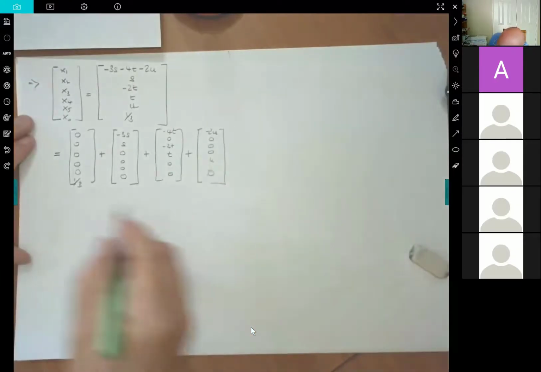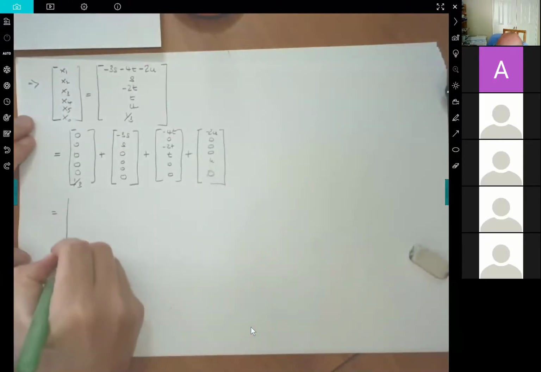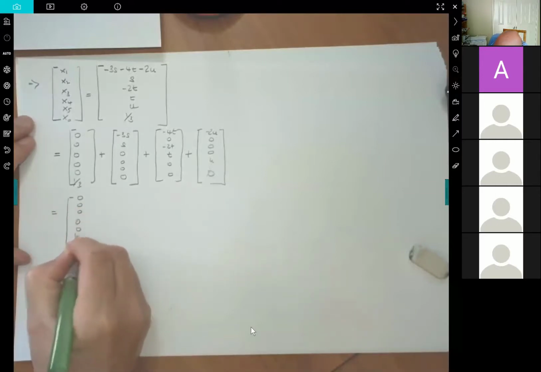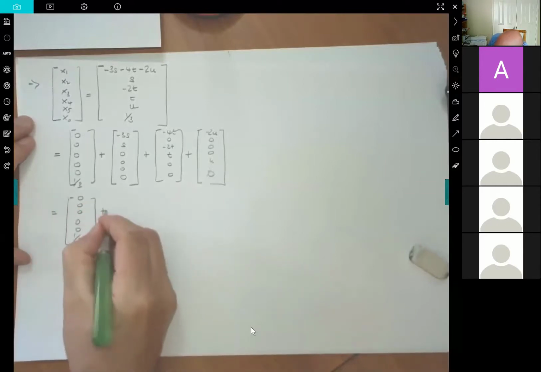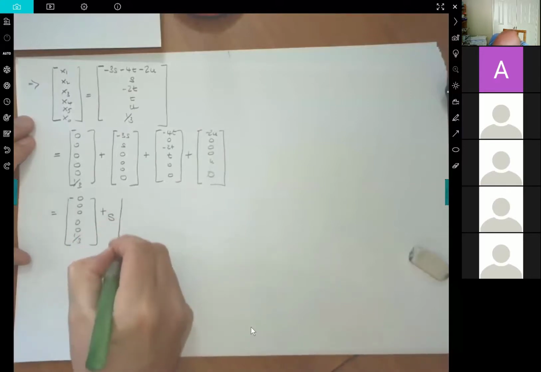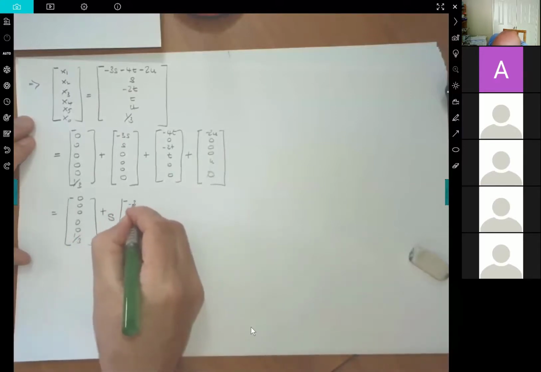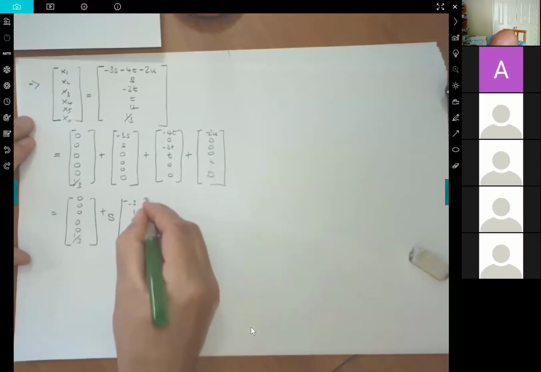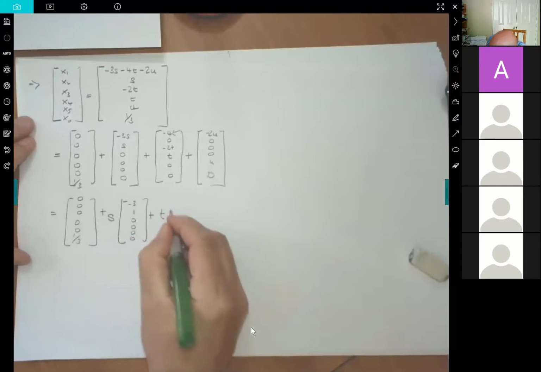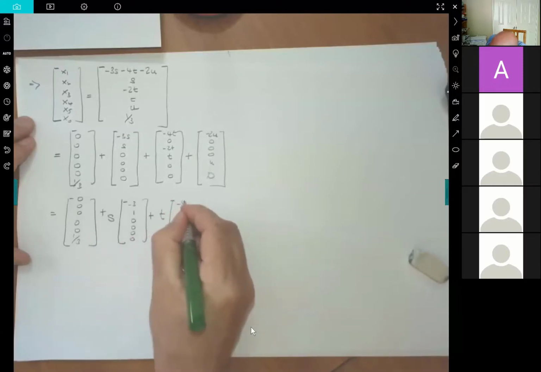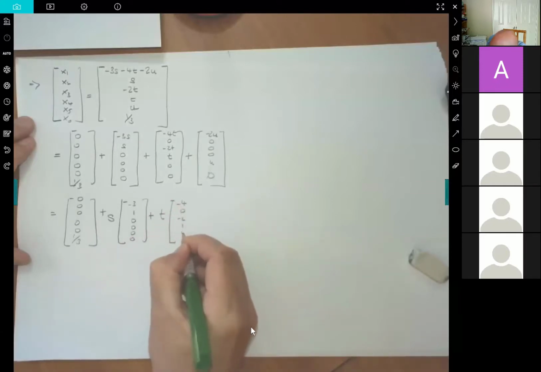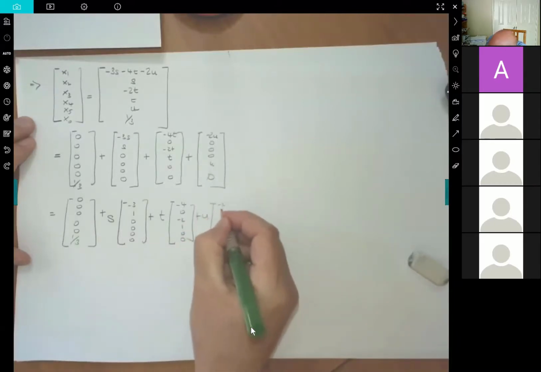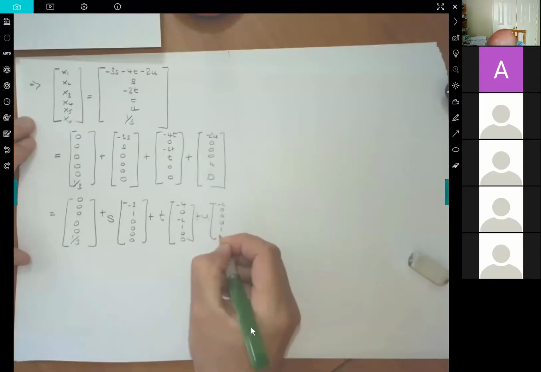Okay, and so now we finally get 0, 0, 0, 0, 0, 1/3 plus s times minus 3, 1, 0, 0, 0, 0 plus t times minus 4, 0, minus 2, 1, 0, 0 plus u times minus 2, 0, 0, 0, 1, 0.